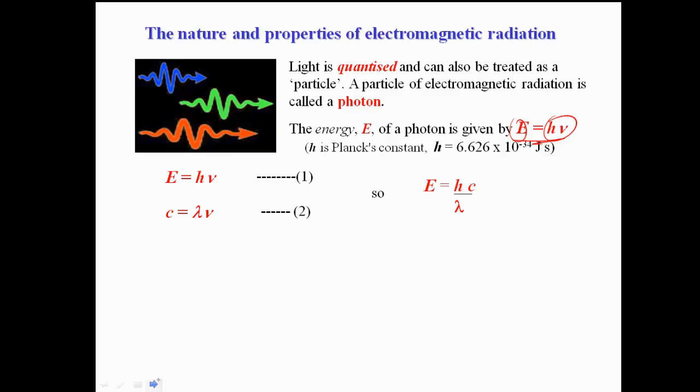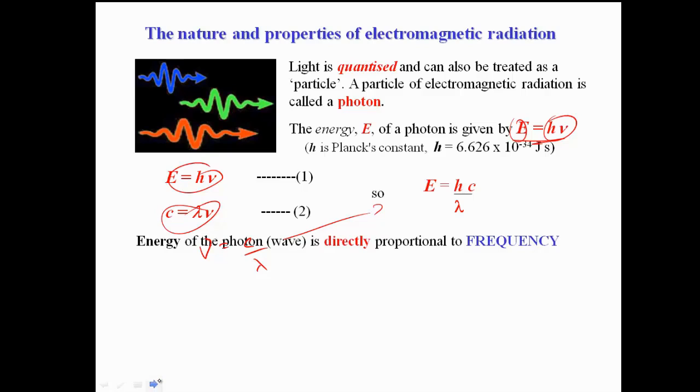The first equation you should remember is E is equal to h nu, and then we know that c is equal to lambda times nu, so nu is equal to c over lambda. Therefore you can move on to this one here, that E is equal to hc over lambda. Again, if you're not familiar with it, you need to be.